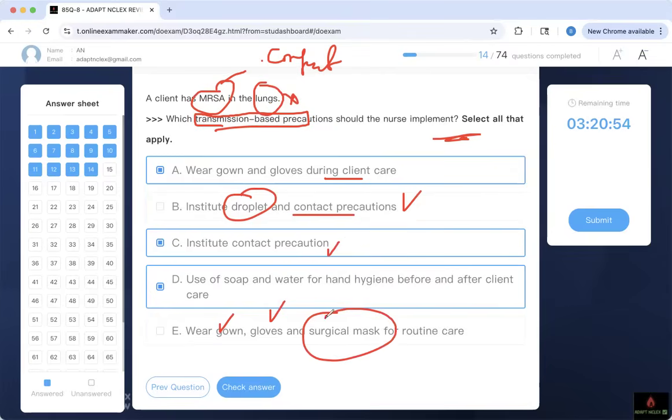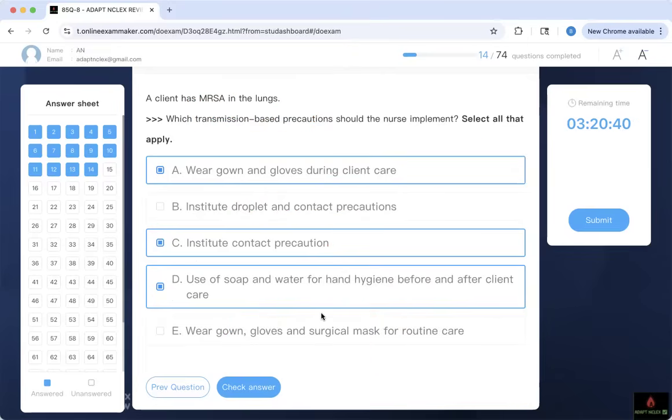It's a trap. This is the NCLEX trap. This is for droplet. You're considering that because it's in the lung, it's now droplet. No, it's still contact. Therefore, A, C, and D are the right answers. I want you to come back to this question. When you see it, just know that MRSA is contact no matter what.